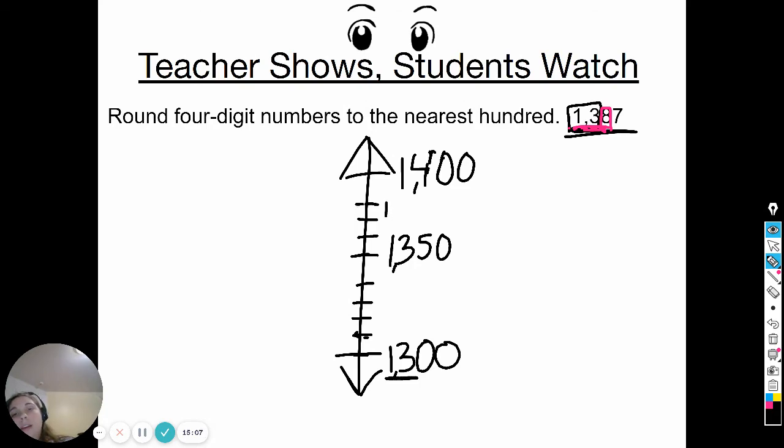I'm going to write that in there. Okay, that's our 8 in the tens place. So that's close to our number up here. Next is 1,390. And then our top line is 1,400. So I know that my 1,387 is somewhere in between these two hash marks.